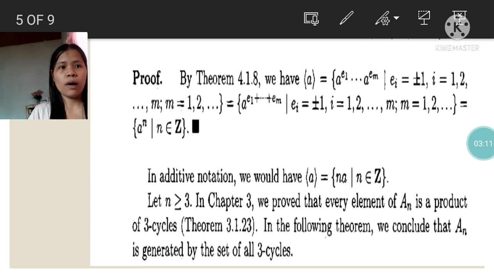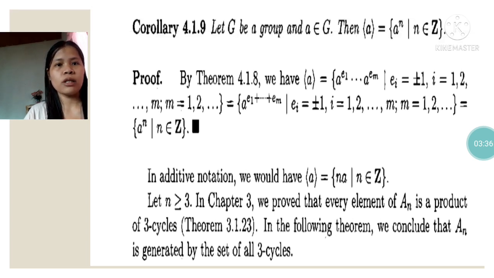Therefore, m is equal to 1, 2 element is equal to e^n such that n is an element of Z, positive integer rather. And then again, as what I told last, this black box is called end proof.